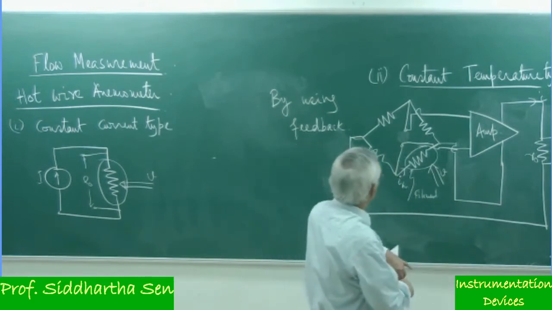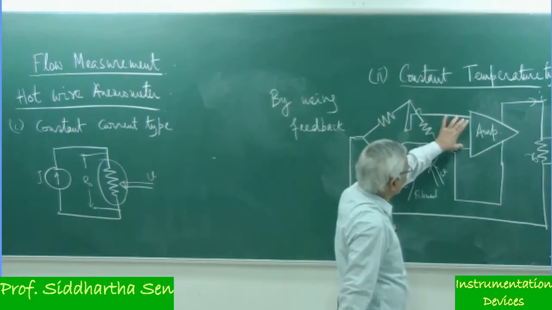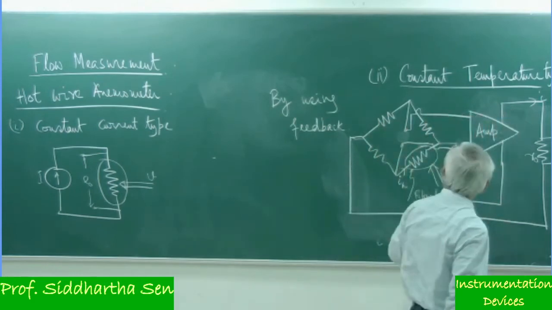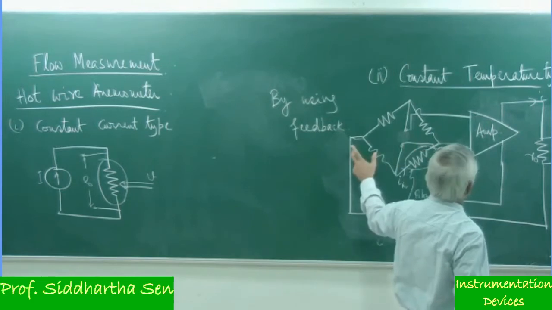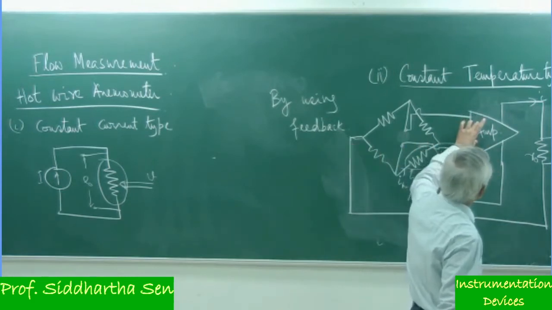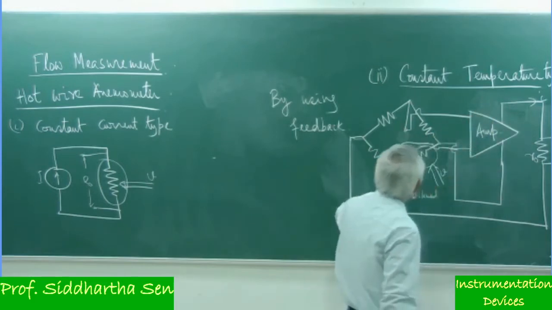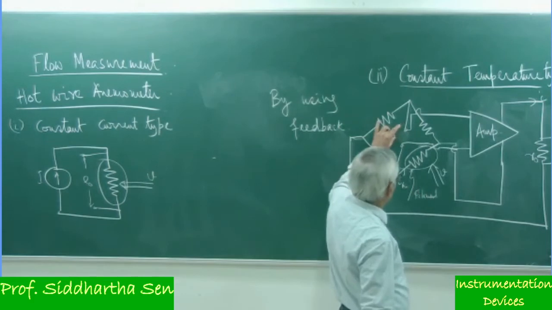So as the bridge becomes unbalanced, the voltage increases. This voltage across the supply of the bridge is also increased by properly choosing the amplifier gain, and it is brought back to the balance condition.